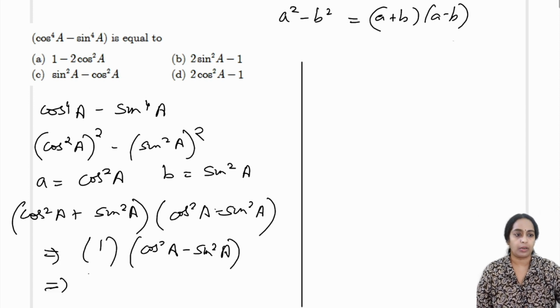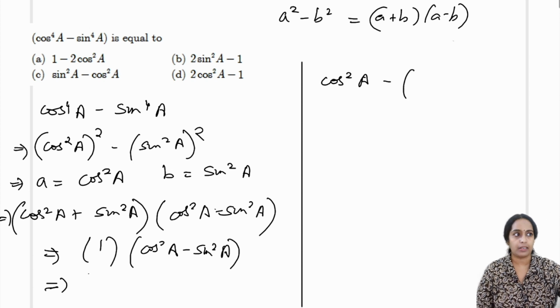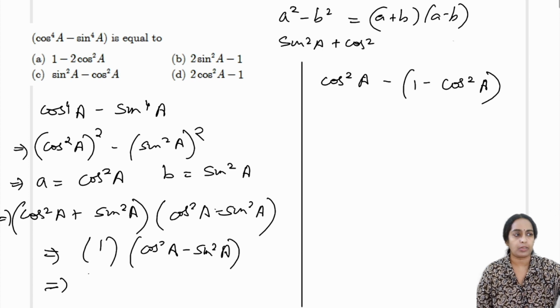So now when I look at the options, this answer is not there in any of the options. So I definitely should do some change to cos square a. Sin square a can be written as 1 minus cos square a. So let me write it. That is the identity we know, sin square a plus cos square a equal to 1.